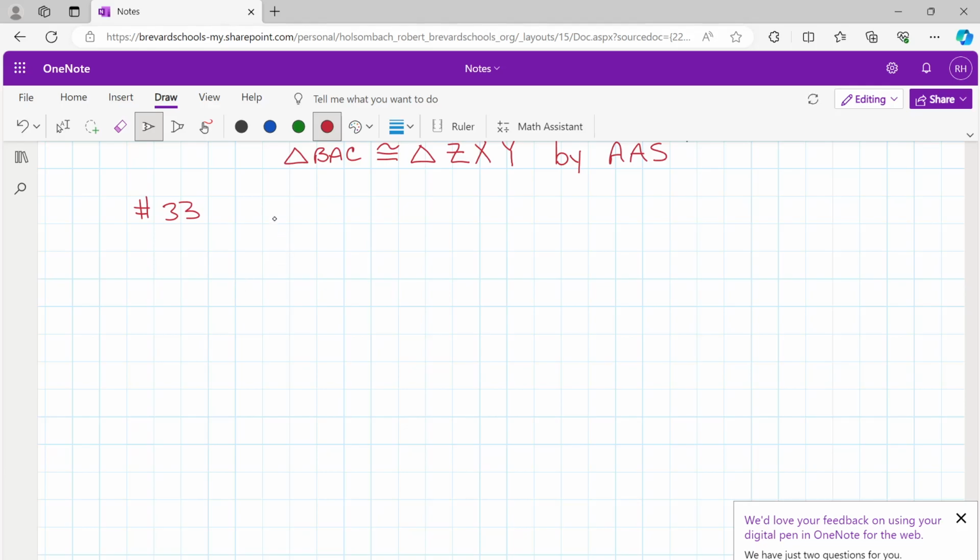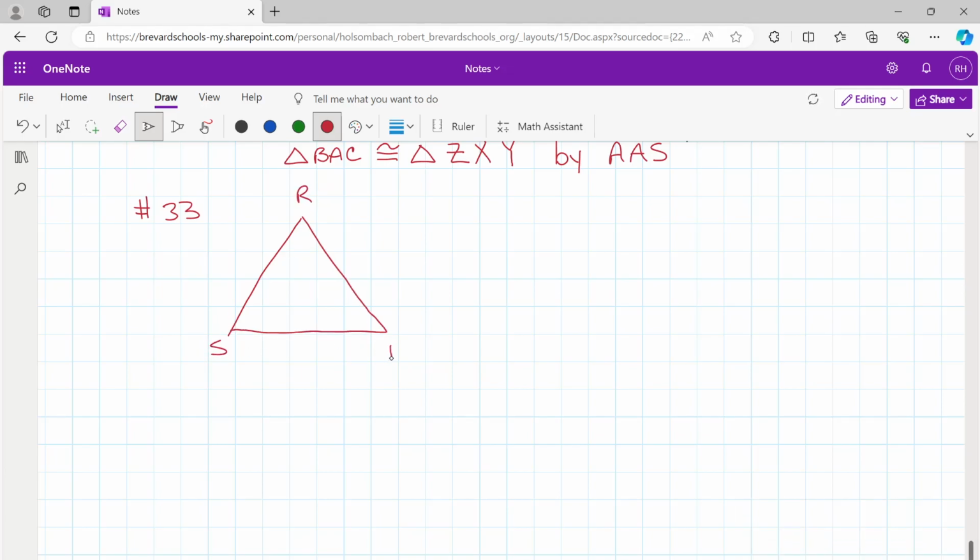And you're told triangle RST is congruent to triangle JKL. All right, so in this case, what you're going to be doing is drawing a triangle. So I'm going to get you started here, and then I'm going to let you finish it. But if we get triangle RST, and it's congruent to triangle JKL, and then you're given a lot of information about the triangle.